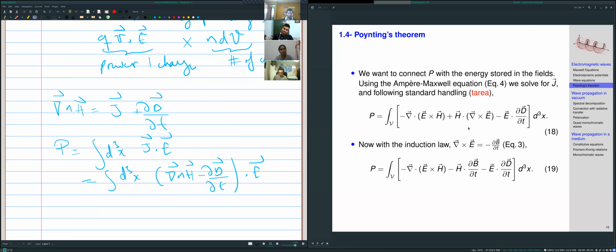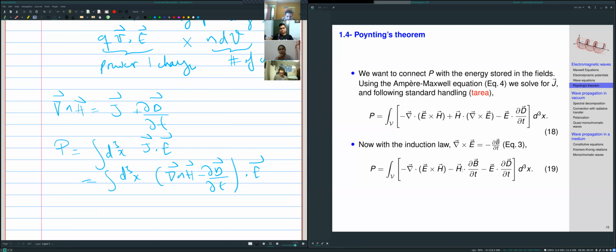Let's go on, and we use the induction law, which is this one here, to replace this term, curl of E. And then we have something more interesting: a divergence of this term, which we'll be calling the Poynting vector.